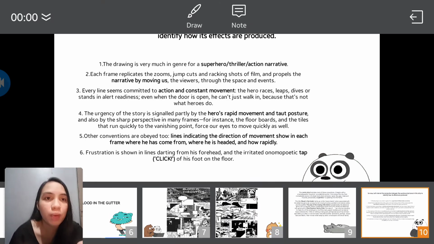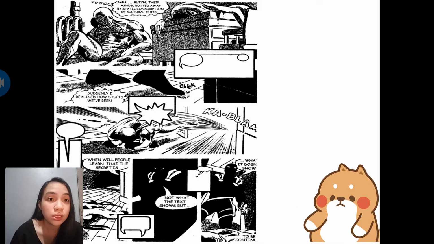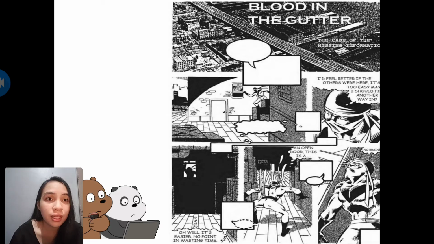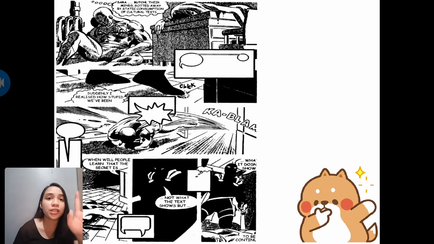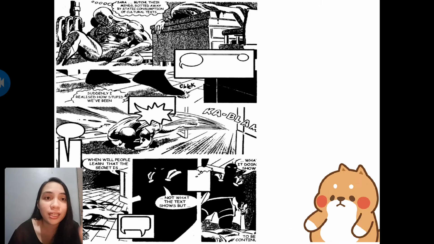So let's go back to the image. As we can see, there is the word click in the second image.